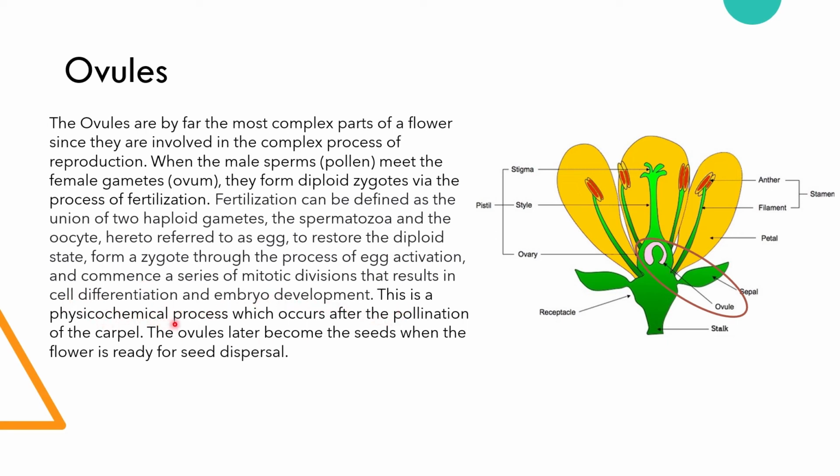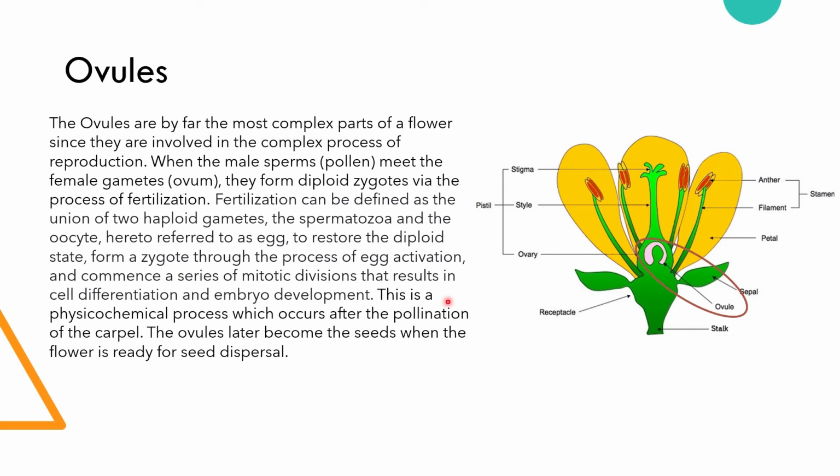This is a physicochemical process which occurs after the pollination of the carpel. The ovules later become the seeds when the flower is ready for seed dispersal. I know it might have flown over your head, but summarizing this is pretty easy.